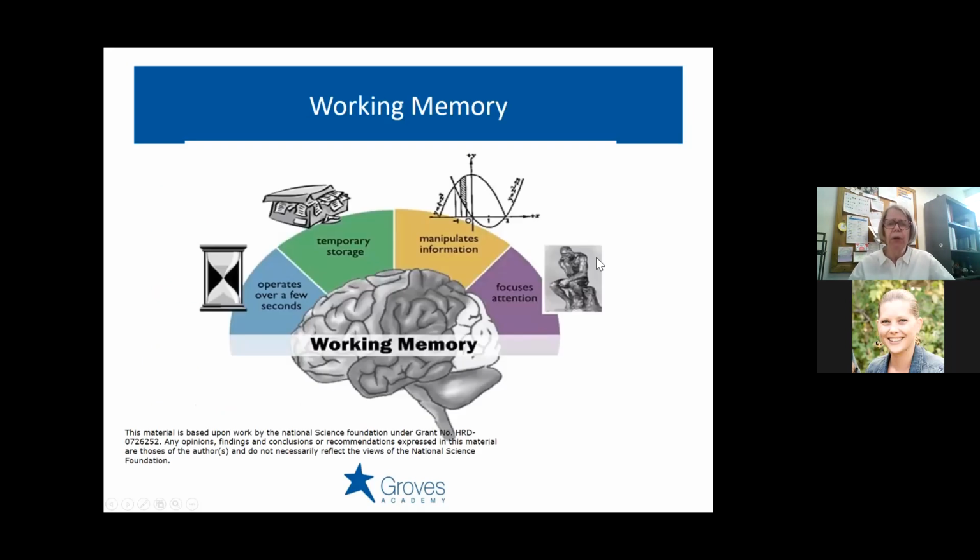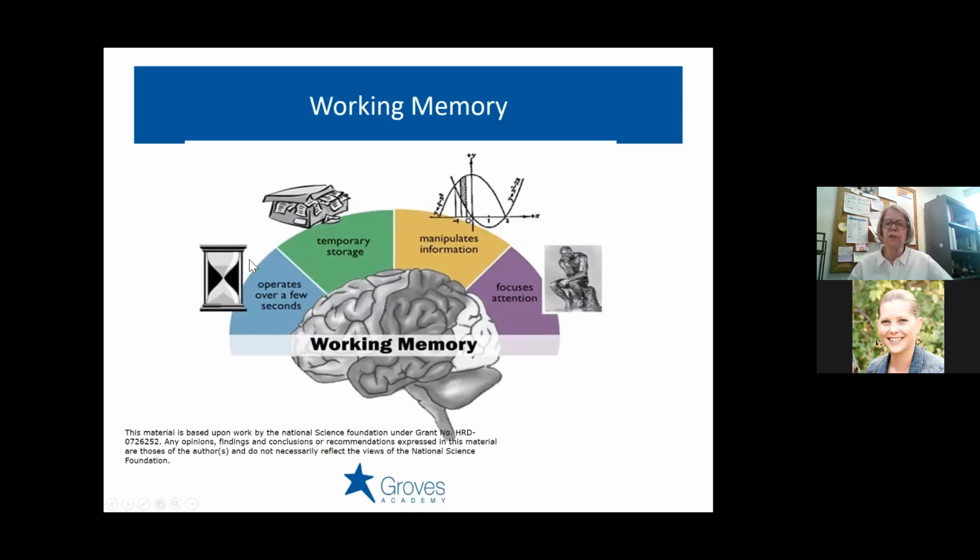So working memory is very crucial to this process for all of us. Working memory actually does four very important things. First of all, it operates over just a few seconds.